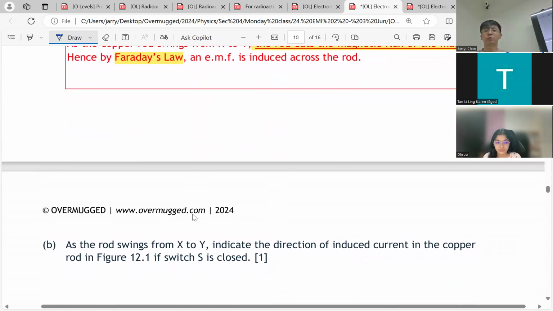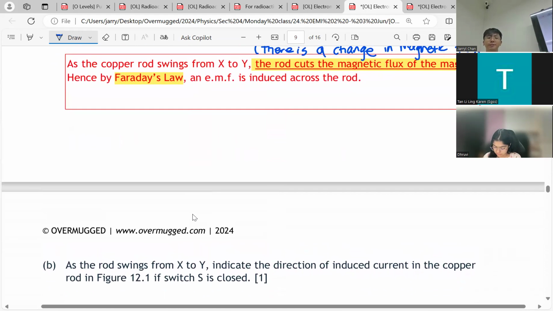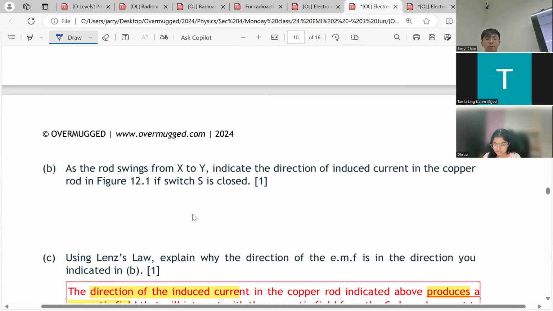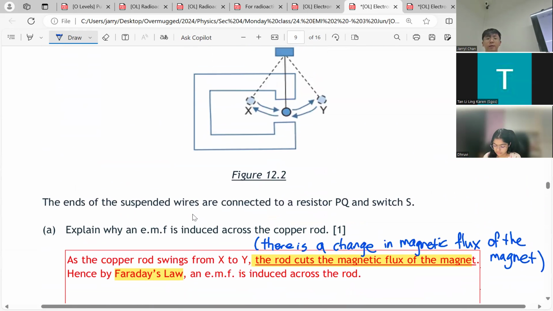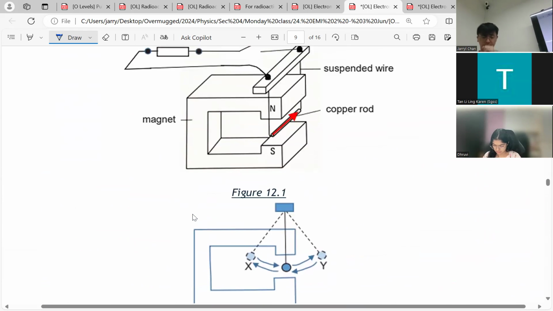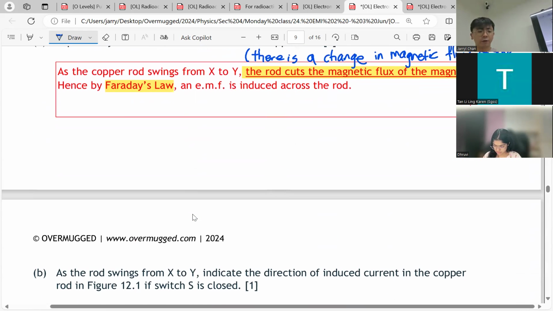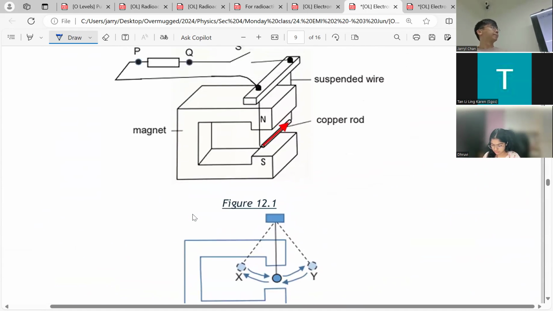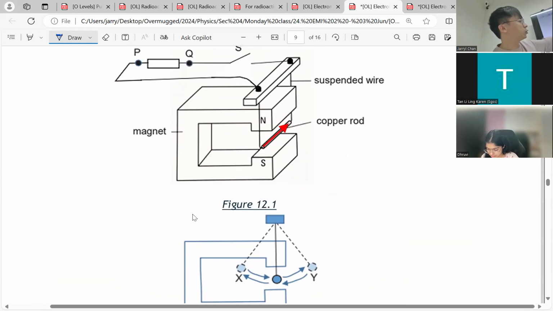B. Swing from X to Y, indicate the direction of the induced current if switch S is closed. Switch S is closed. Okay. So what happens? It is oscillating from where again? X to Y. What's the direction of the force? Swinging this way, X to Y, going right. Right hand rule or left hand rule? Right hand rule.